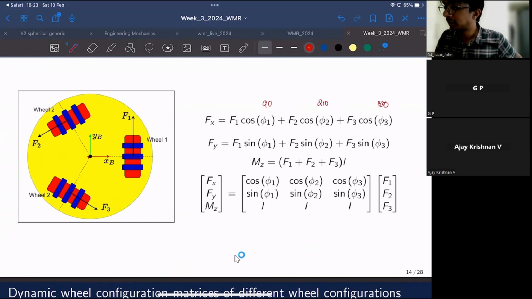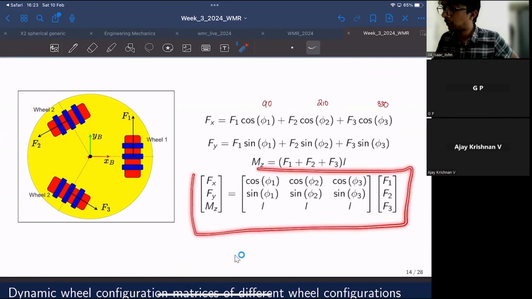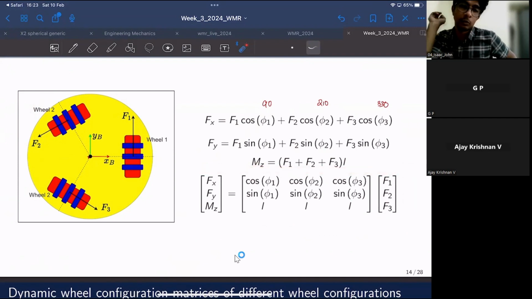And for the y component, if you simply replace cos by sine, you will get the y components. And the moment is F1 times the perpendicular distance L, F2 times L, and F3 times L. And since all the moments contribute to a counterclockwise rotation, all the moments are positive as well. So this is how your dynamic wheel configuration matrix for an omni wheel will look.